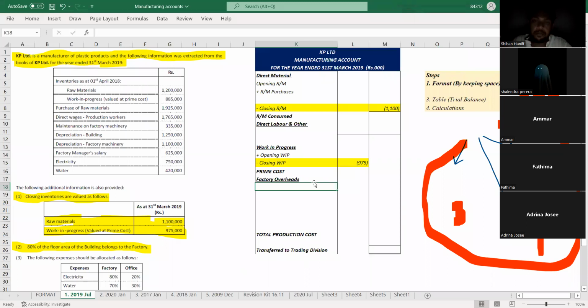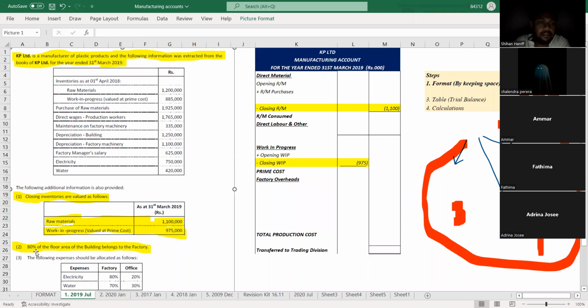And anything related to showroom, sales commission, those expenses will be recorded under selling and distribution expenses.